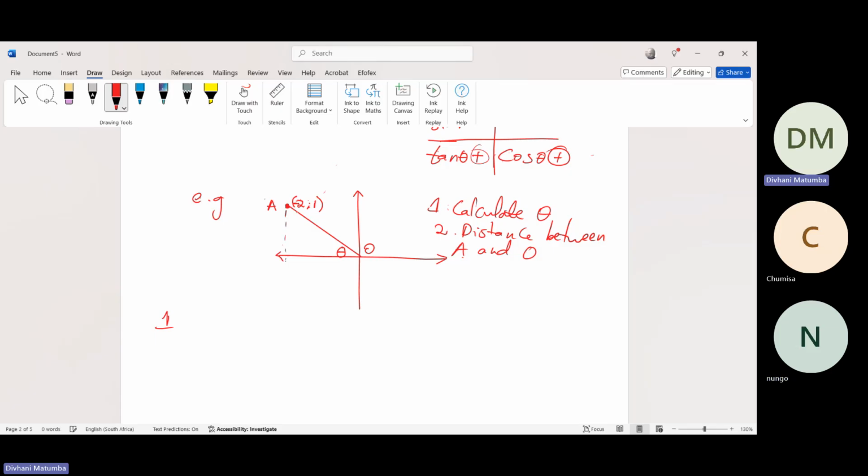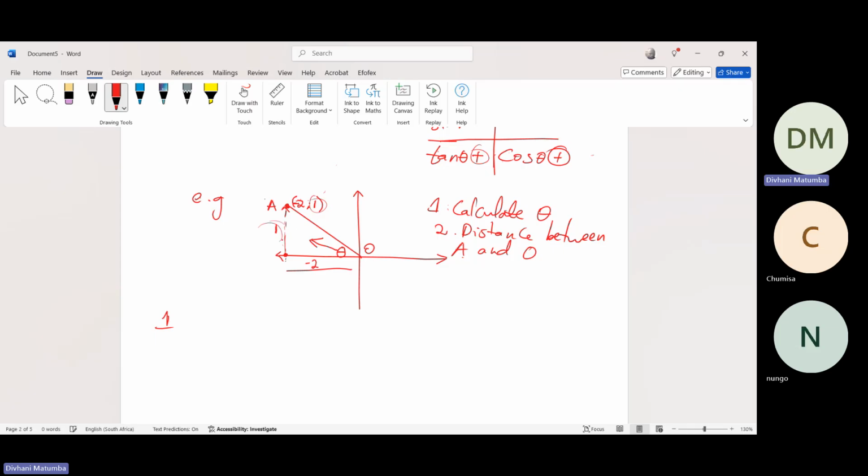Okay. That -2 is the distance from the origin to here. This is -2. And the 1 is the distance from this point to there. This is your angle. If that is your angle, is that an adjacent or opposite or hypotenuse?